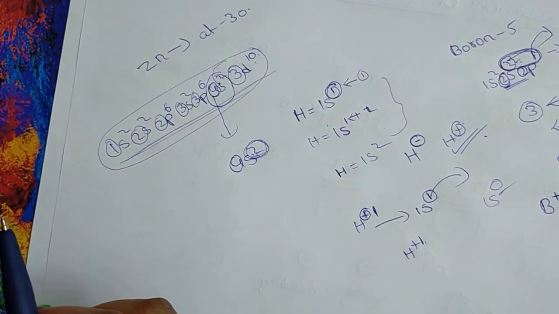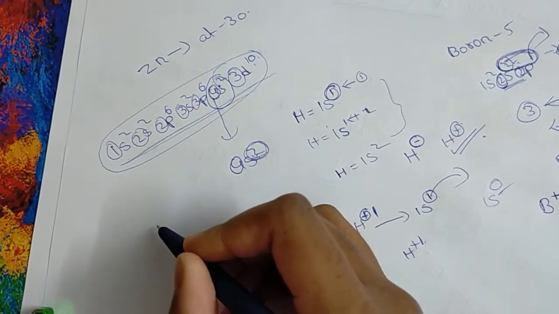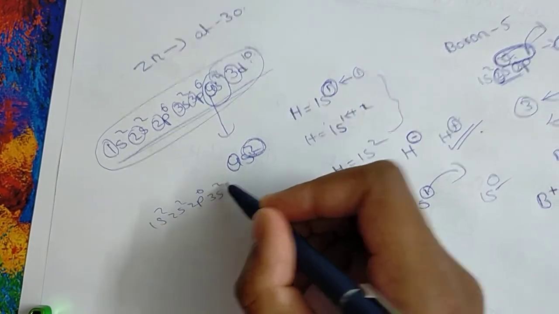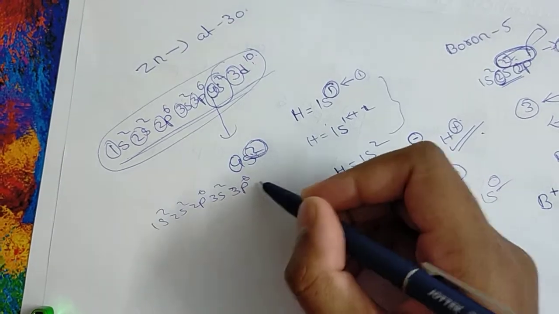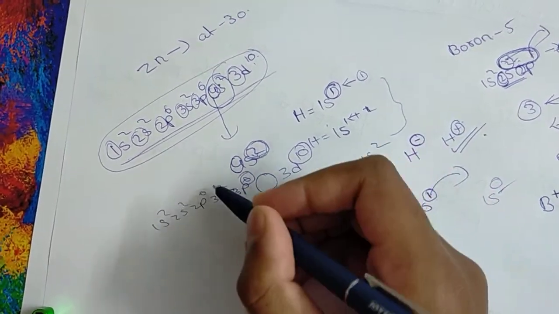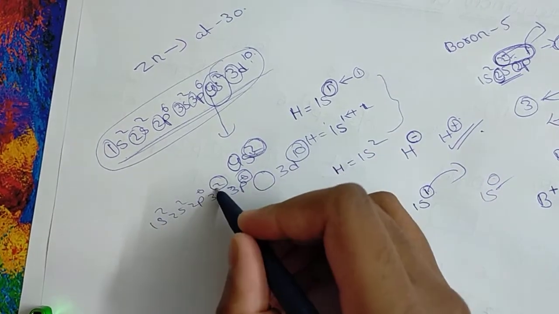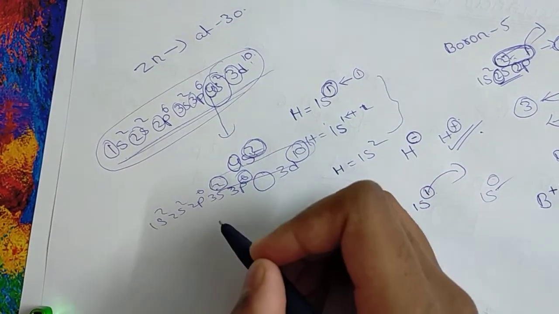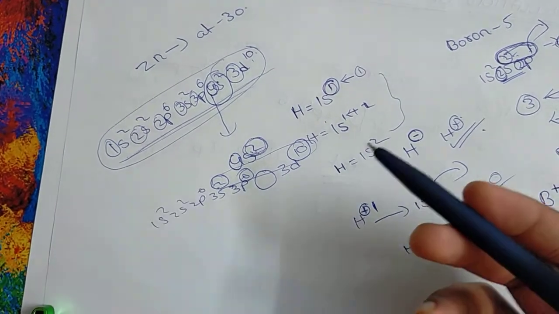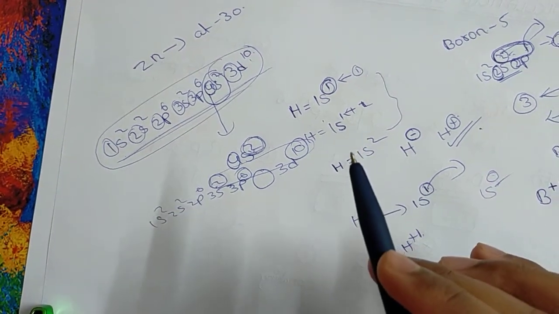So the last shell has 8 electrons available: 1s2, 2s2, 2p6, 3s2, 3p6. I have donated the 4s, and 3d10. 10 electrons, 6 electrons, 18 electrons. The total number of electrons is 18. It is also considered an octet configuration. 8 or 18 are considered octet configuration.